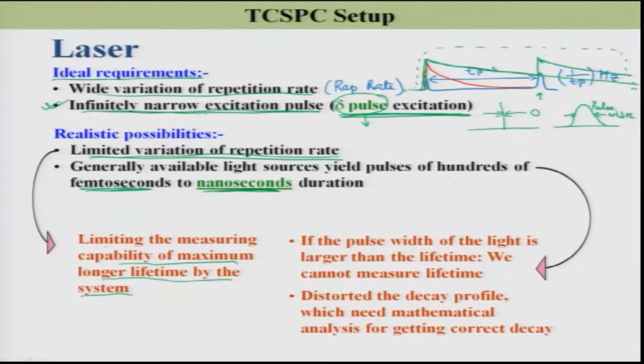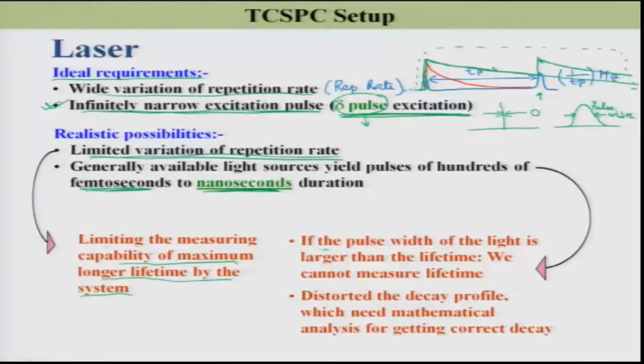Similarly, the certain time width of the excitation pulse will limit our measurement of the lifetime. If the lifetime is shorter than the pulse width, it will be difficult for us to measure it. So, the pulse width should be shorter than the fluorescence lifetime of the sample.